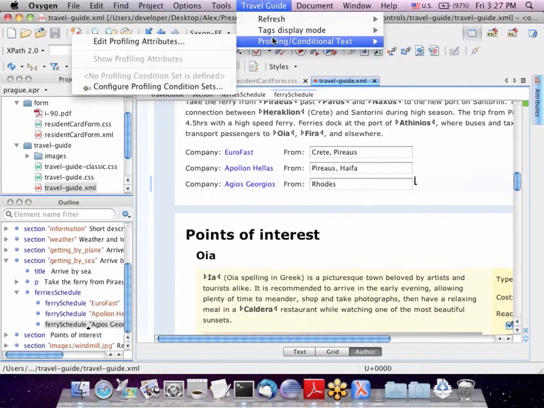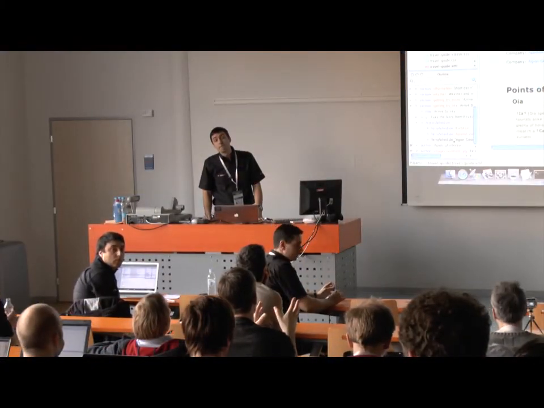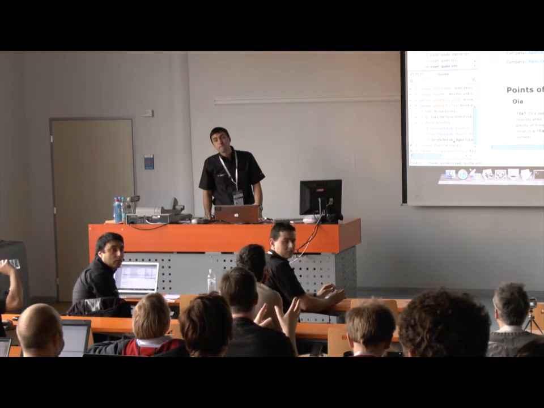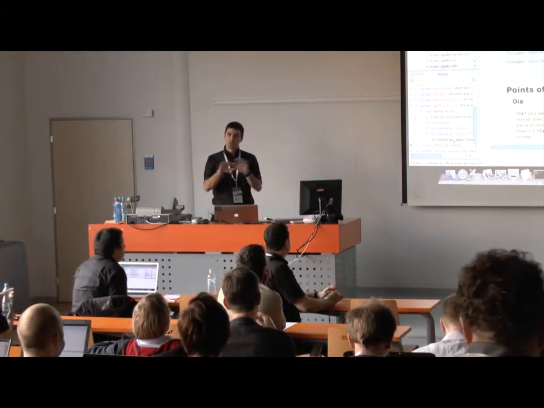I can put actions in this menu and it's highly customizable. You can put all sorts of actions for the user to discover. But the CSS itself does not really change the behavior of oXygen as such, not at this level.